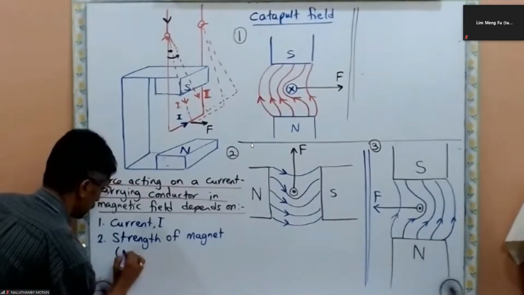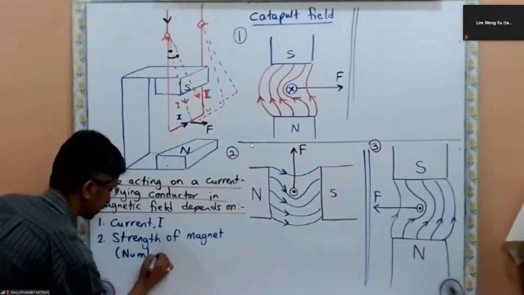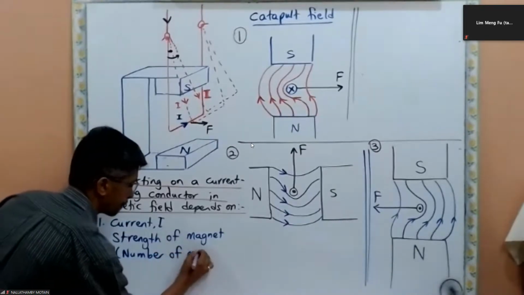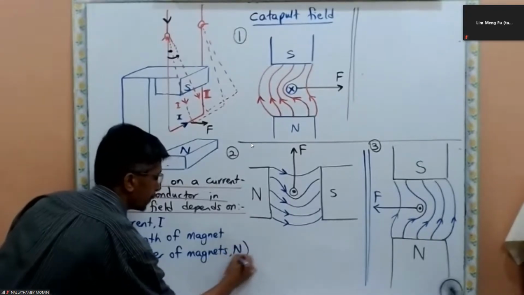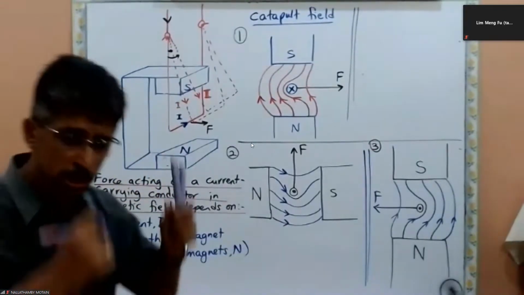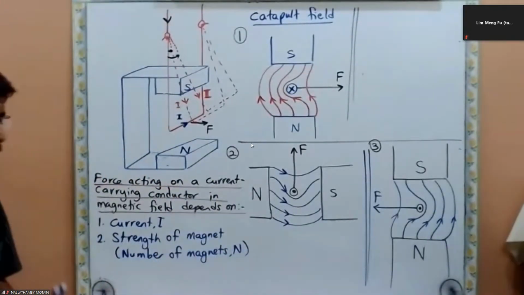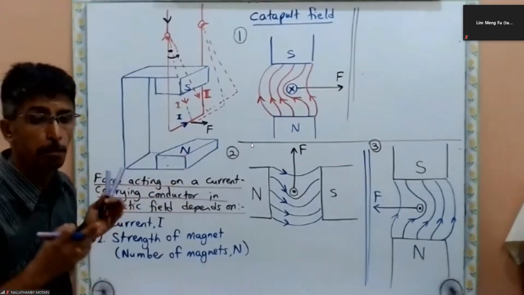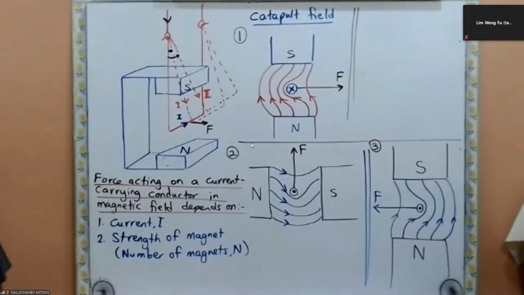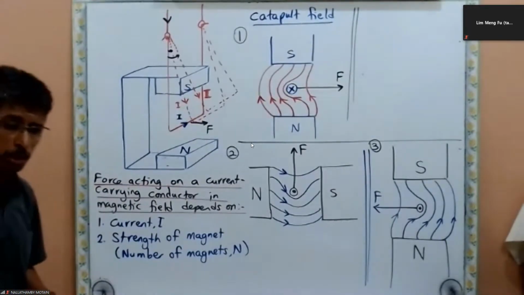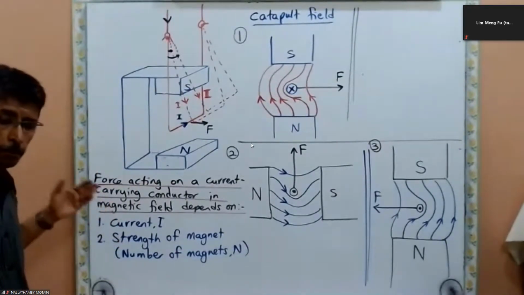We can use a number of magnets. When the magnets become stronger, there will be more magnetic field lines, so the force acting becomes greater. Now I'm going to discuss the experiment with you from here.